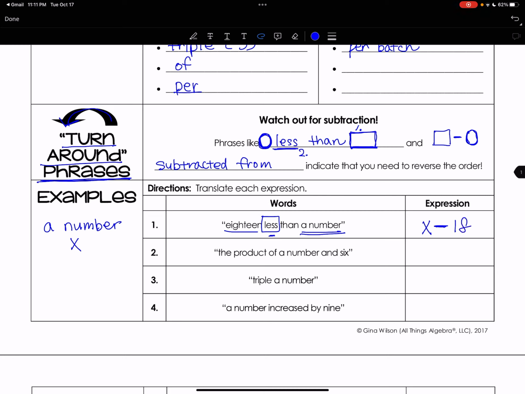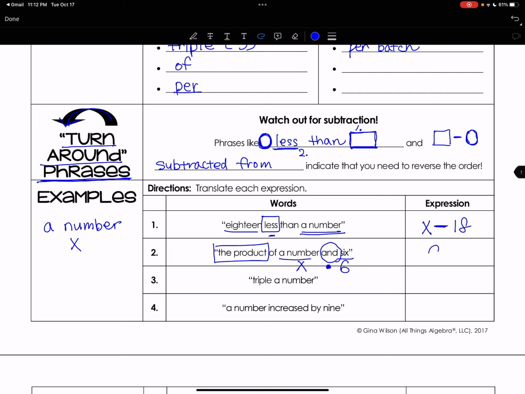So second problem, when you see the product, which means multiplication of the next two things, or it could be three things, but there are two things here. So you're multiplying a number as x, and then you're multiplying it by 6. But whenever you're multiplying a number by a variable, you don't need to write this dot sign.